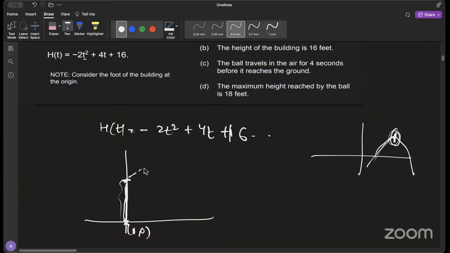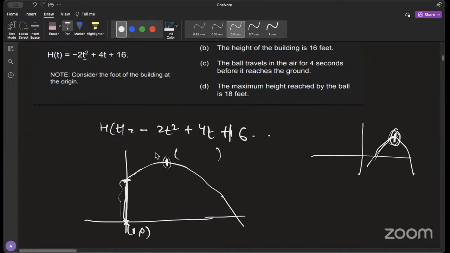The ball is thrown from here, it goes up to a certain height, and then from there it comes down again. So you have to find this maximum height, which is the y coordinate of the vertex, and the time in which it reaches the maximum height is the x coordinate of the vertex, right?